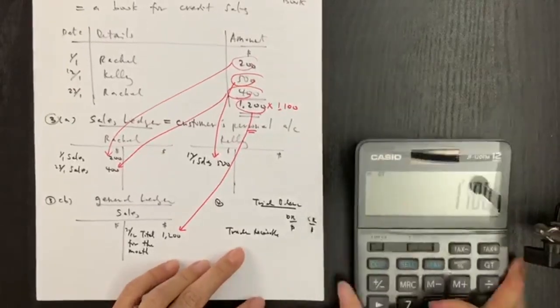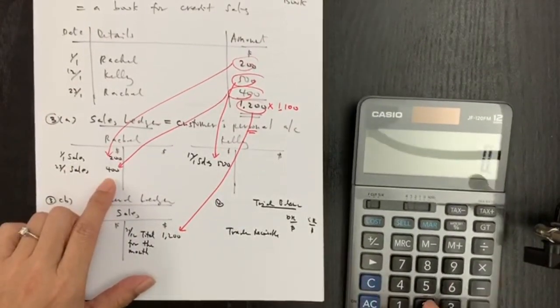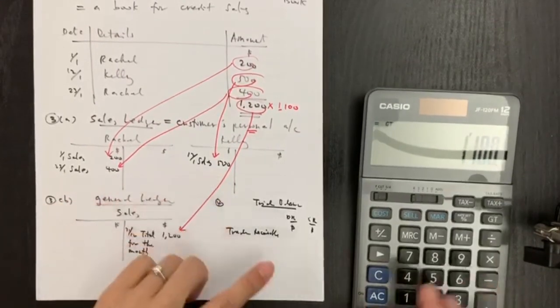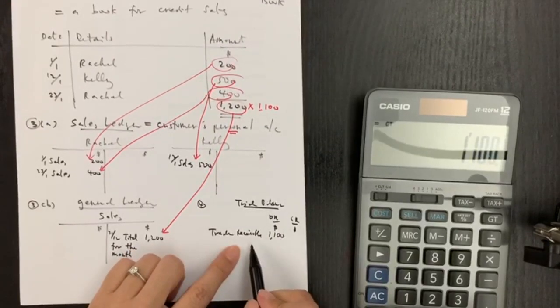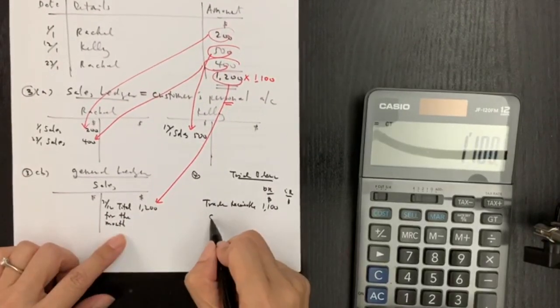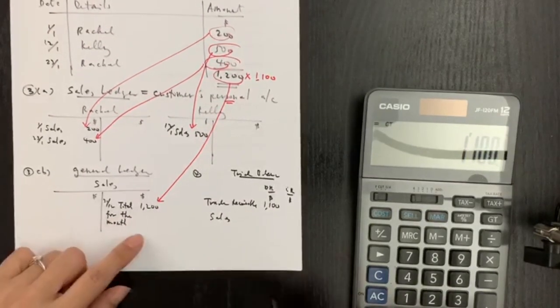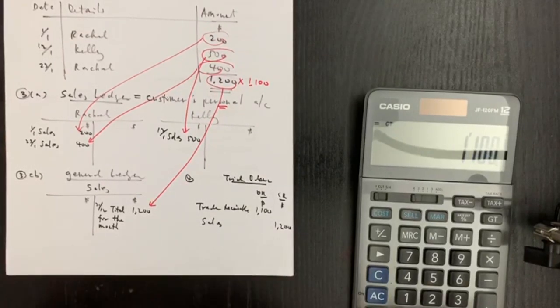Okay, so for trade receivable, I refer to step 3A here. So I just add up 200, 400, and 500. See, I have 1,100 in trade receivable account. And what about sales? This is step 4. I refer to the previous steps. I have 1,200, right?